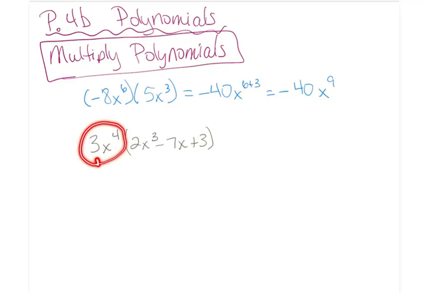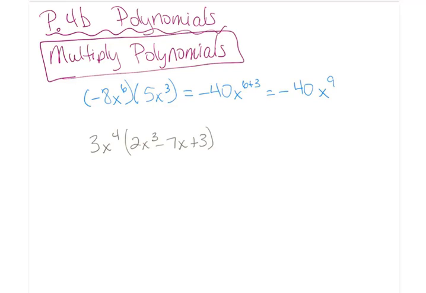Right? What kind of polynomial is that? Is that a monomial, binomial, or trinomial? So a monomial with the degree of 4. And then we're going to multiply that to a trinomial, right, with a degree of 3.